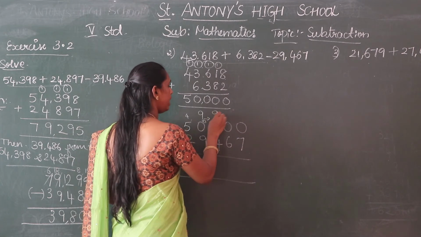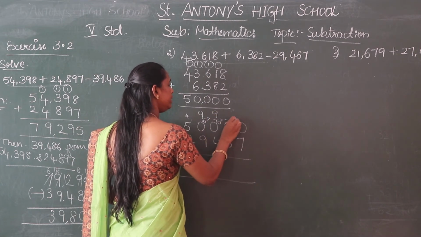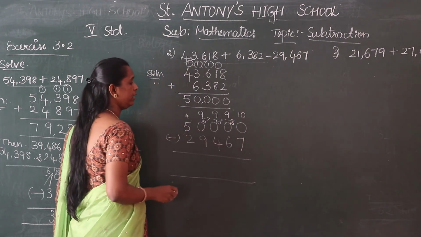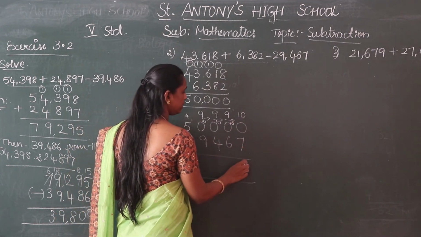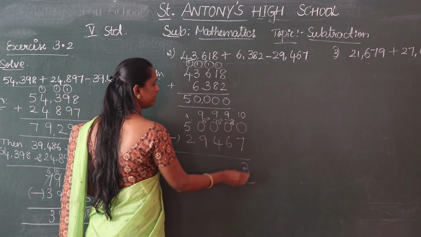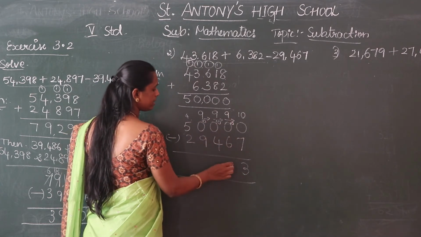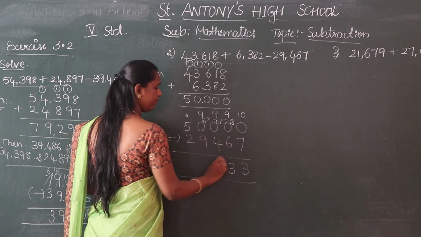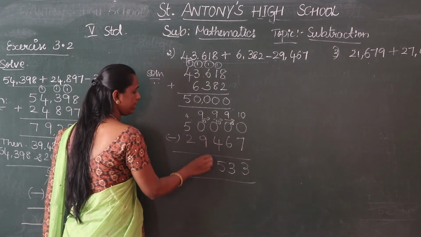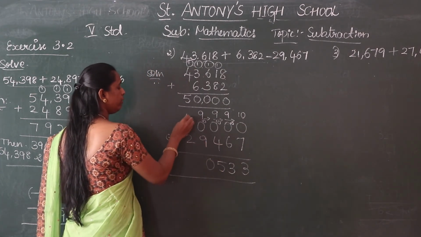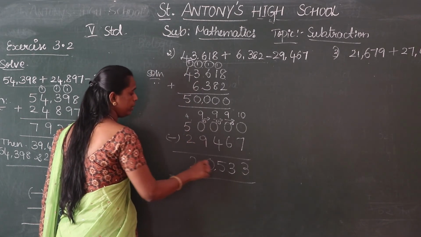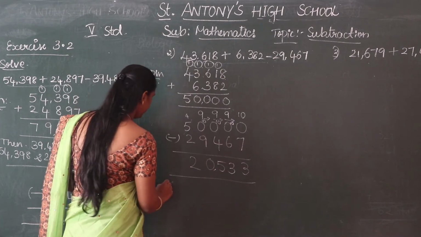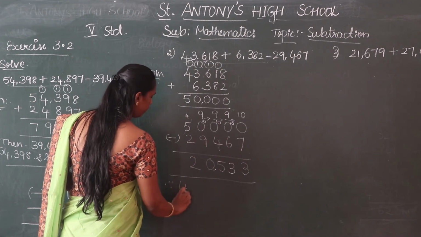Repeatedly this becomes 9 and this place also becomes 9, but the unit place becomes 10. 10 minus 7, 3. 9 minus 6, 3. 9 minus 4, 5. 9 minus 9, 0. Here 4 minus 2, 2. The final answer is 20,533.